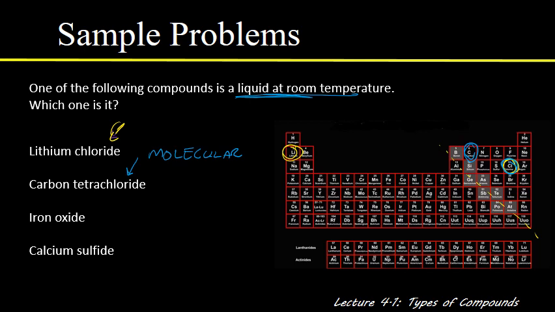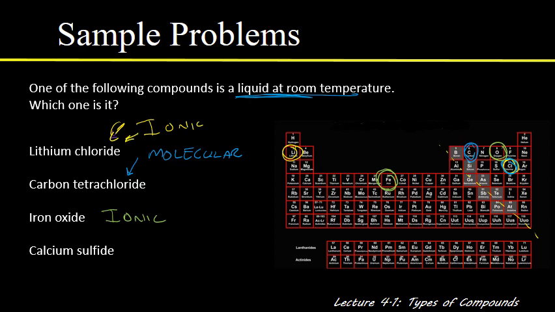Okay. Iron oxide. Iron is here. It's a transition metal. And oxygen's over here. That's a nonmetal. So I've got a metal and a nonmetal. That means that this one is going to be ionic. All right, that one's ionic.